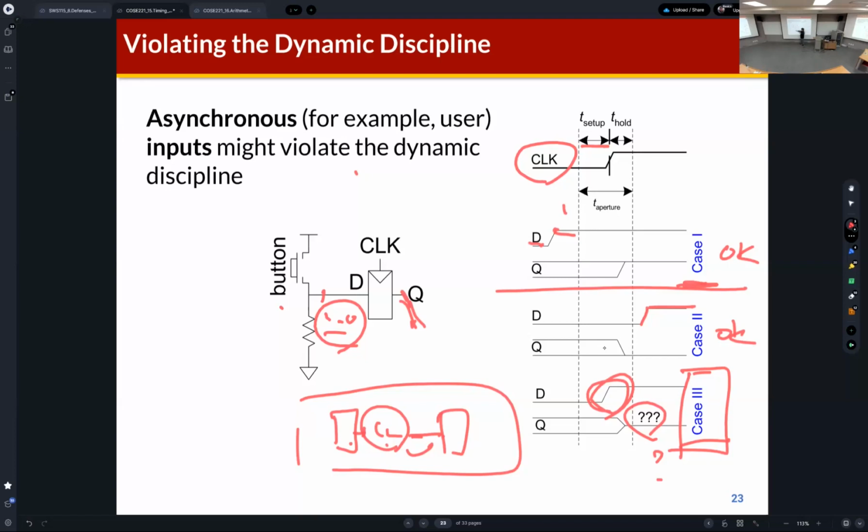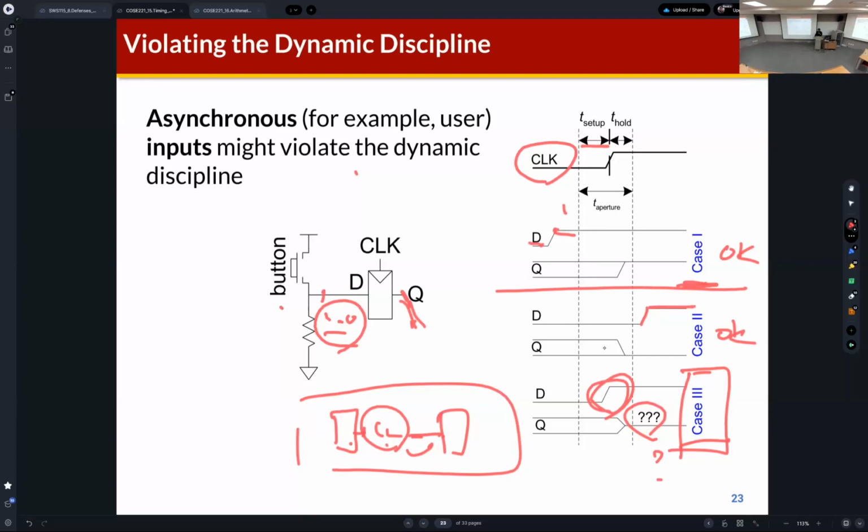Why? The button is the outer interface, which means that we cannot control the timing of this button. So this timing of a button is actually determined by users. So the problem is that we can encounter this situation, case 3, for this outer interface or outer user interface.